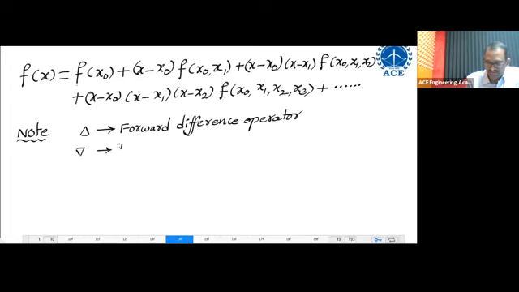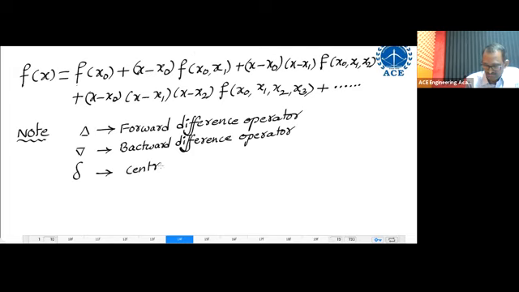This symbol is called the backward difference operator. This symbol is called the central difference operator. And this symbol is called the divided difference operator, or divided difference operator.